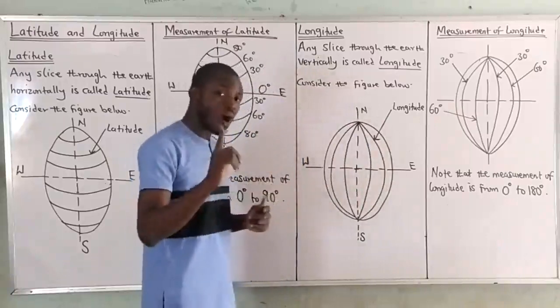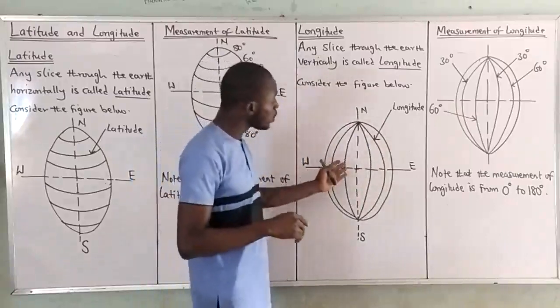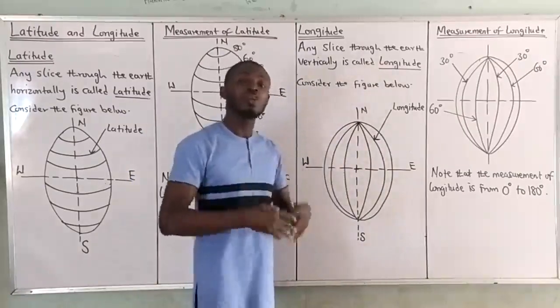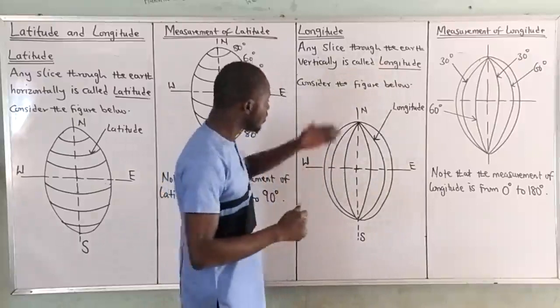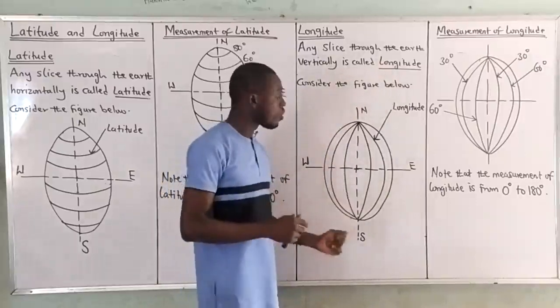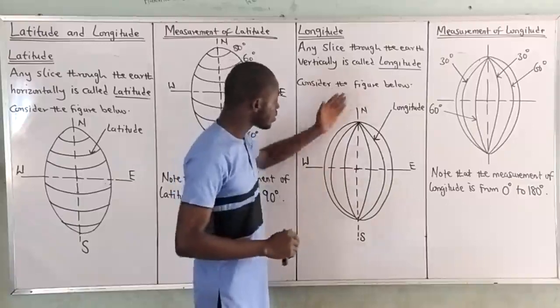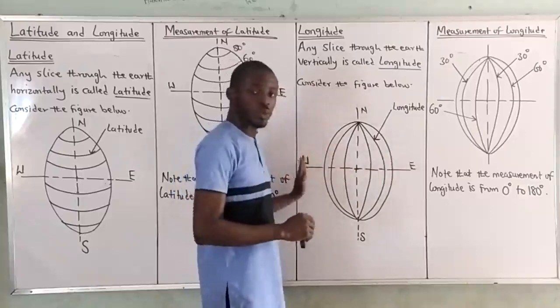However, we are still dealing with the same earth's surface, which still has the same number of poles. We have the north, the south, the east, the west.